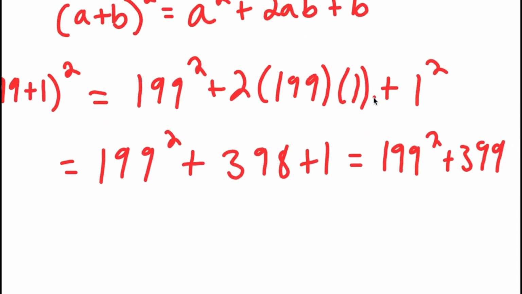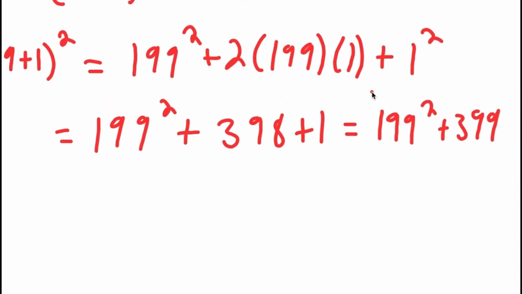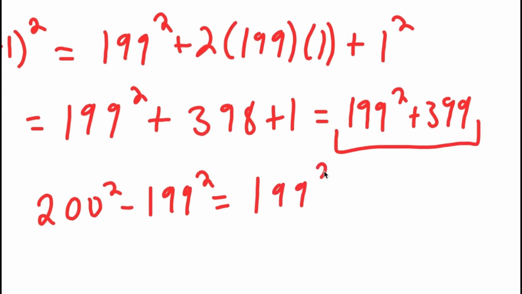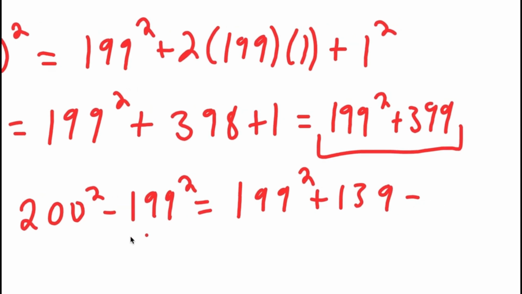So this means that 200 squared minus 199 squared is equal to, well, this right here is 200 squared. So 199 squared plus 399. And now I have this minus 199 squared.